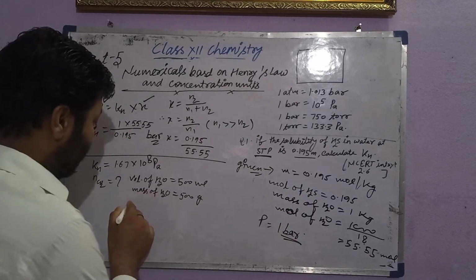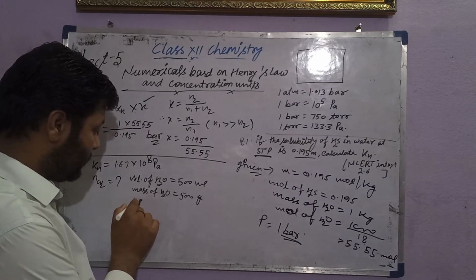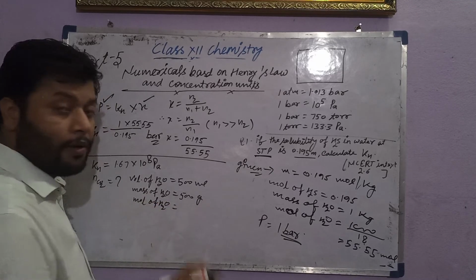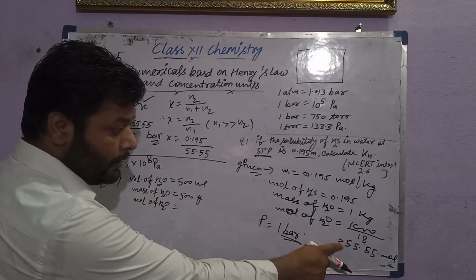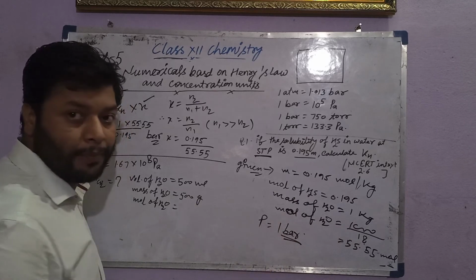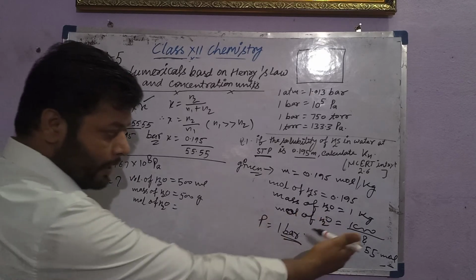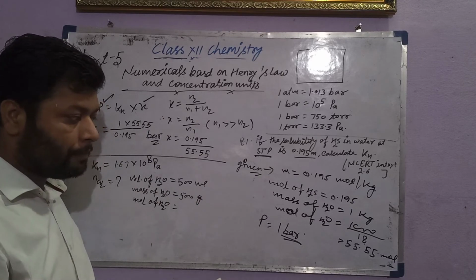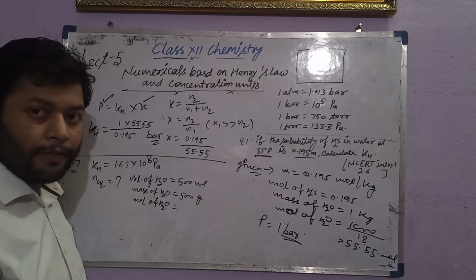Then you can calculate the moles of water. Moles of water in 1 kilogram is 55.55, so just divide this value by 2. What will the value be?